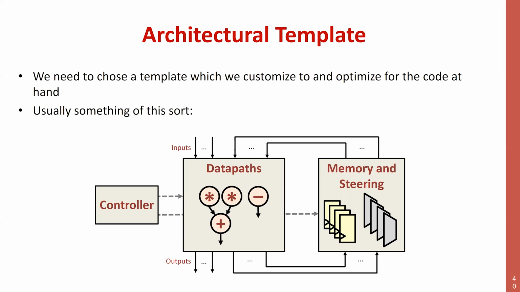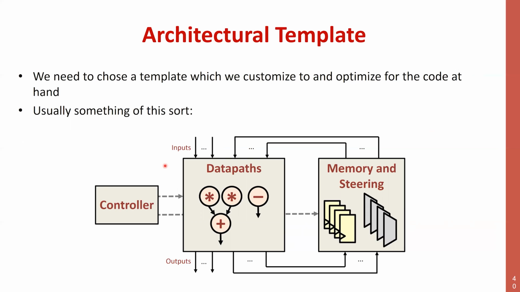It will never tell you exactly what is the architectural template of what it constructs. But somehow, internally, these tools need to have some idea of what to do. And typically it's something like this, right? Something where you have a data path that contains all the units that you need to do the calculation that you need, a bunch of registers and steering logic, that is multiplexers, selection of inputs and outputs.